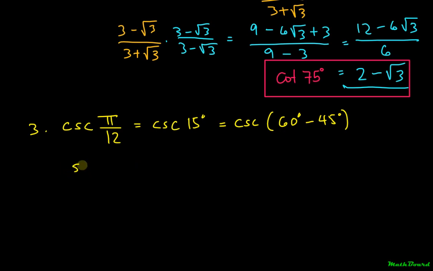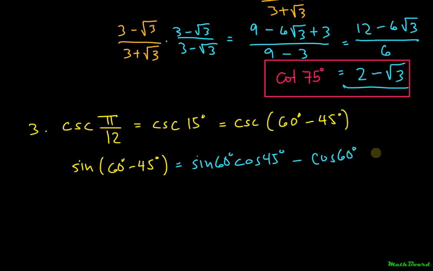Or we solve first for the value of sine. That is sine of 60 minus 45 degrees. Okay, we know that the formula for that is sine 60 cosine 45 minus cosine 60 sine 45.